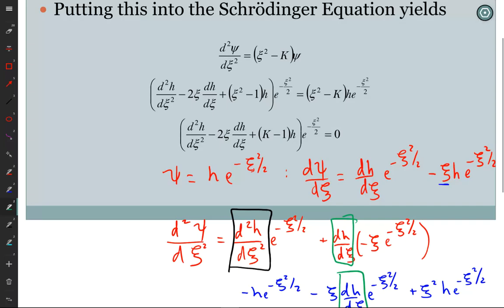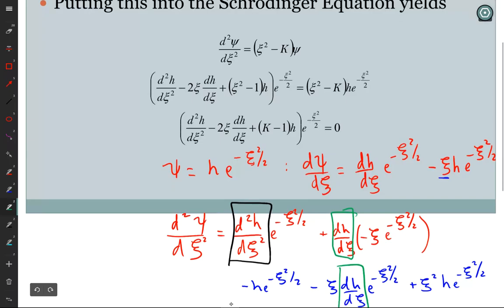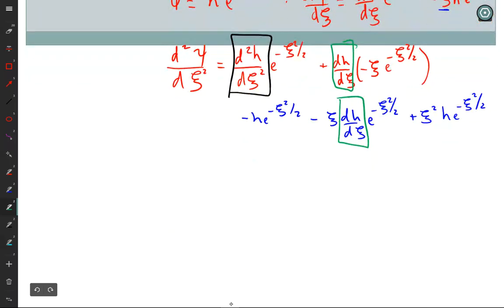So if we look up here, you'll see that we have second derivative, first derivative, and h. So let's combine the terms as appropriate. I put the black one first. Then I'll put the terms with dh dc. But notice this is minus c, minus c.